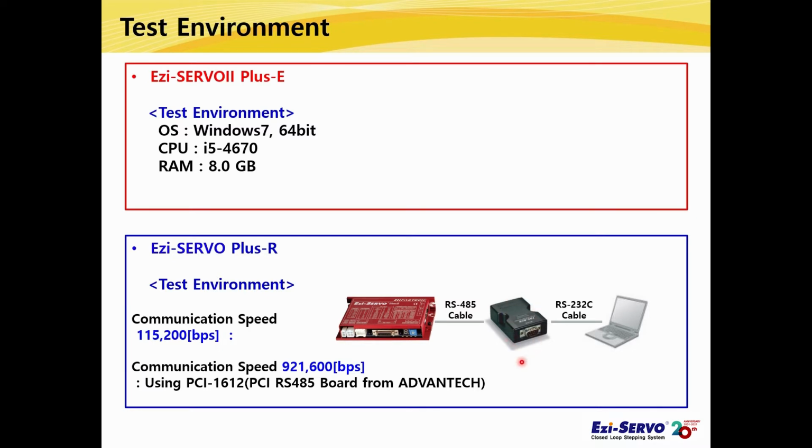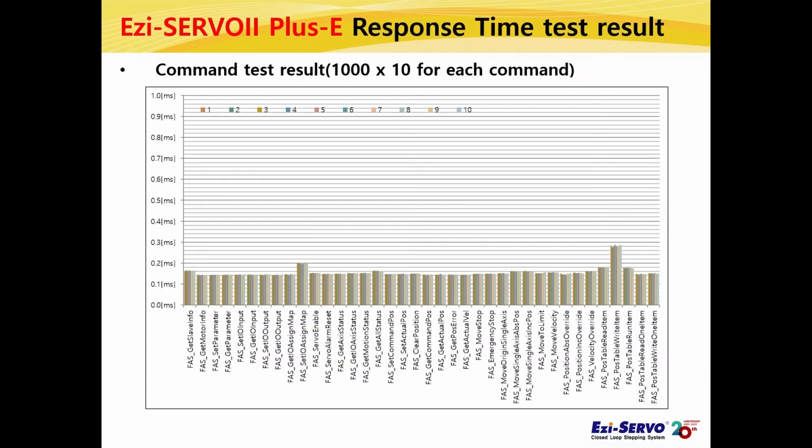When the communication speed was 921,600 bps, a PCI board was used. The test result can be different by test environment like PC specification, OS, etc. The writing or reading ROM of the drive is not related to communication speed, so it is excluded from the test result. Next, I will show you the test result.